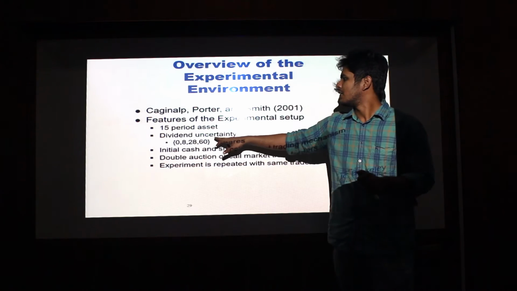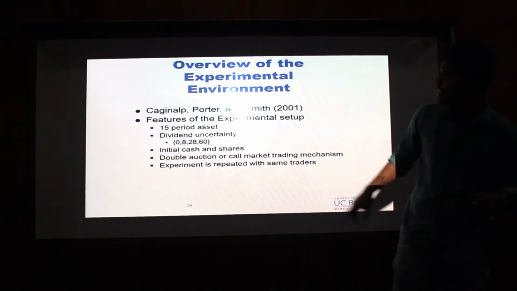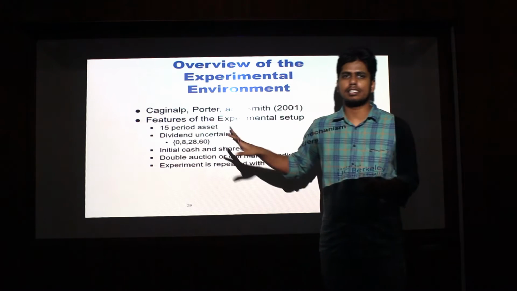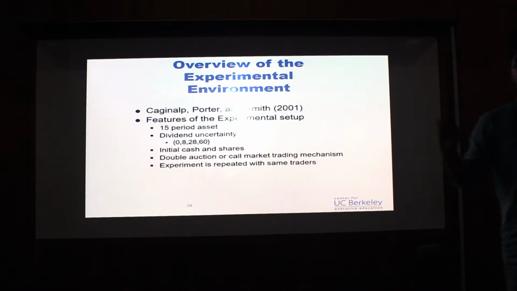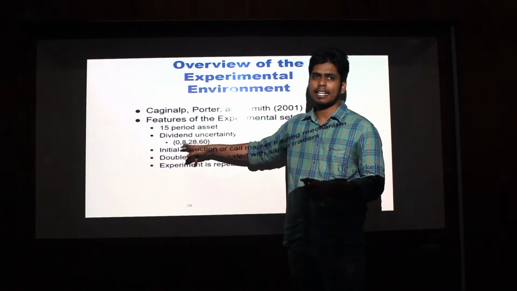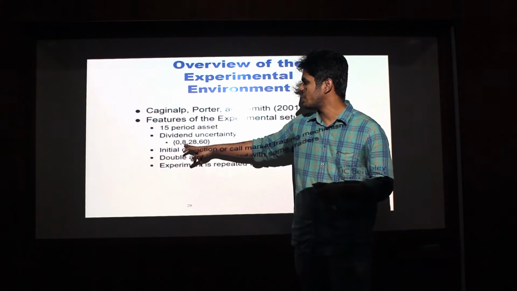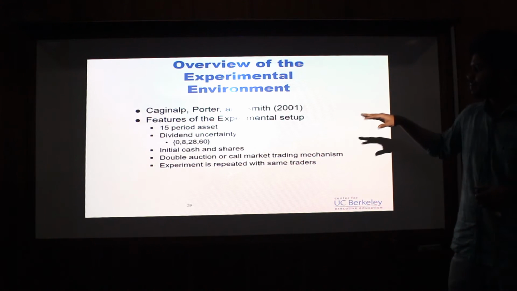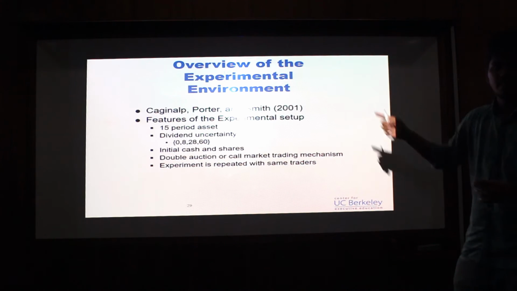This asset pays a dividend of either 0, 8, 28 or 60 with equal probabilities. At each period, it pays me either 0 rupees, 8 rupees, 28 rupees or 60 rupees, with equal certainty.